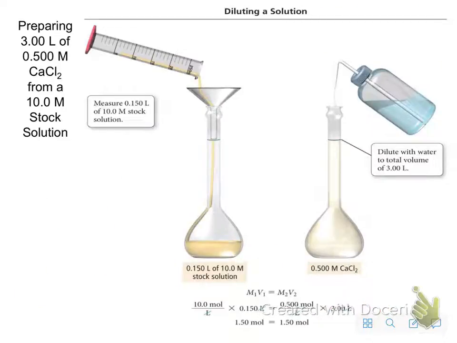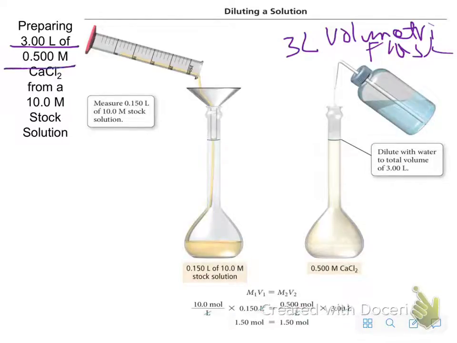Okay, so here's what I would do. Here I am preparing 3 liters, so I'm going to use a 3-liter volumetric flask. I want 0.5 molar calcium chloride, and I'm using 10 molar of the stock solution. So I set up my formula, M1V1 equals M2V2. I'm using 1s and 2s instead of concentrated and dilute, that's fine.